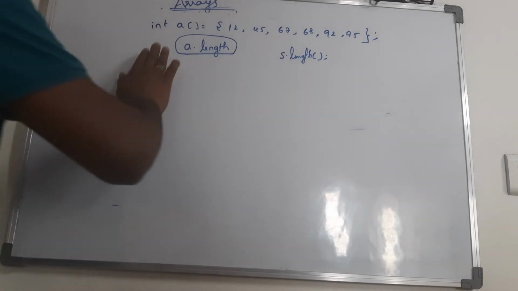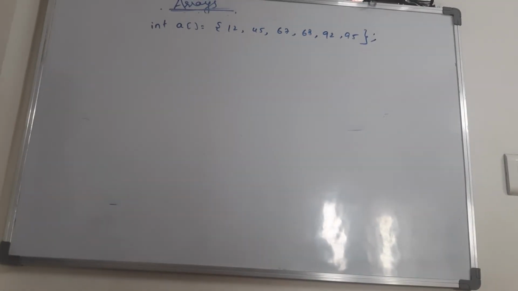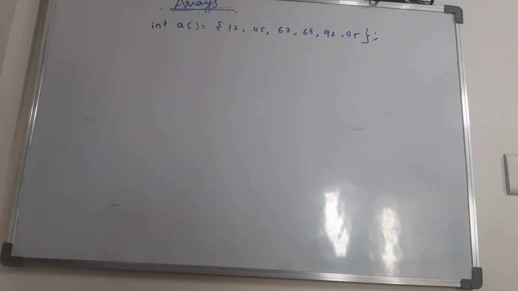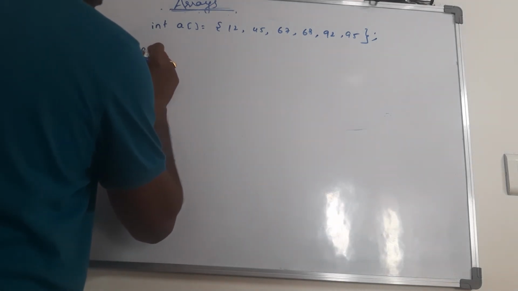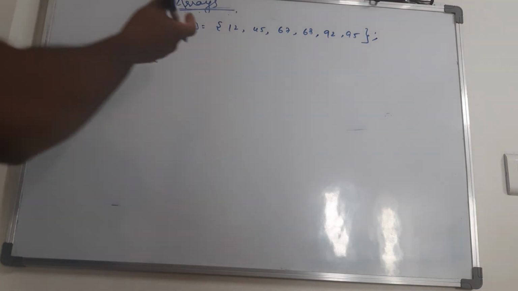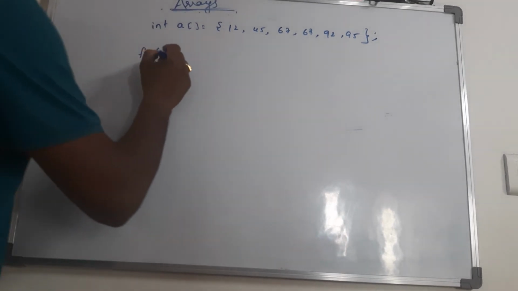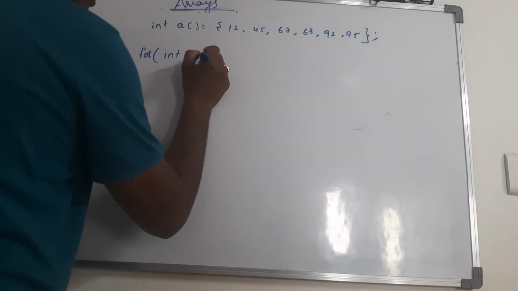Now I want to print all the values which are available in the integer array. Now I will use a for loop. I want to start from the beginning, from the 0th index, so I will create int i equal to 0.